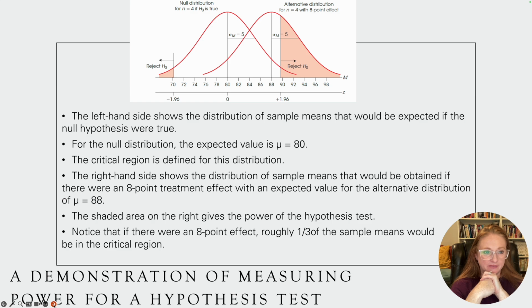This is what it looks like graphically. The left-hand side shows the distribution of sample means that would be expected if the null hypothesis were true. Your null is on the left-hand side, your alternative is on the right-hand side. The alpha level is 0.05, and it's a two-tailed test, so the critical region is a z-score of plus or minus 1.96.